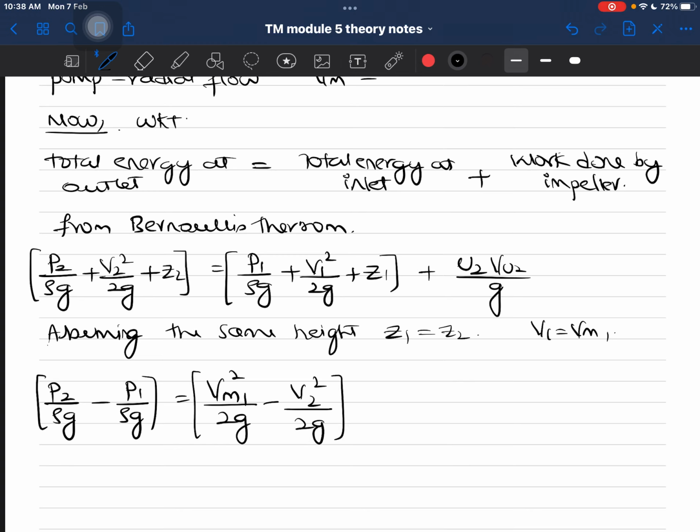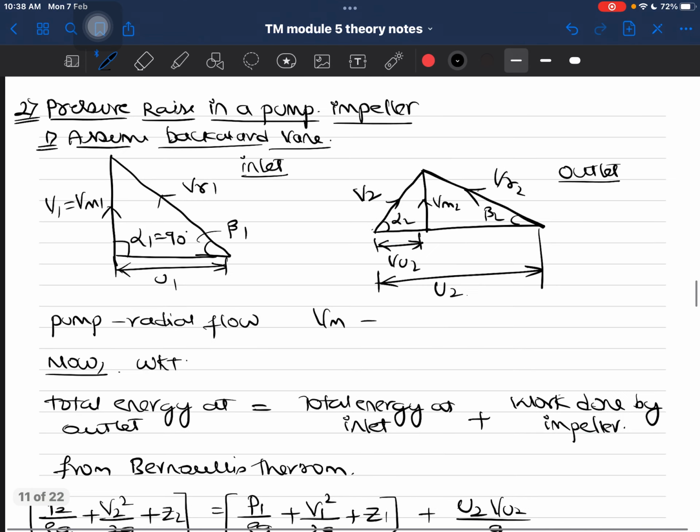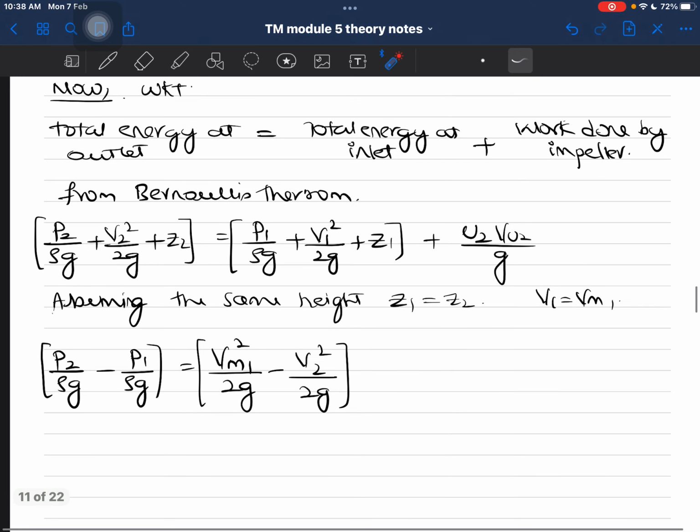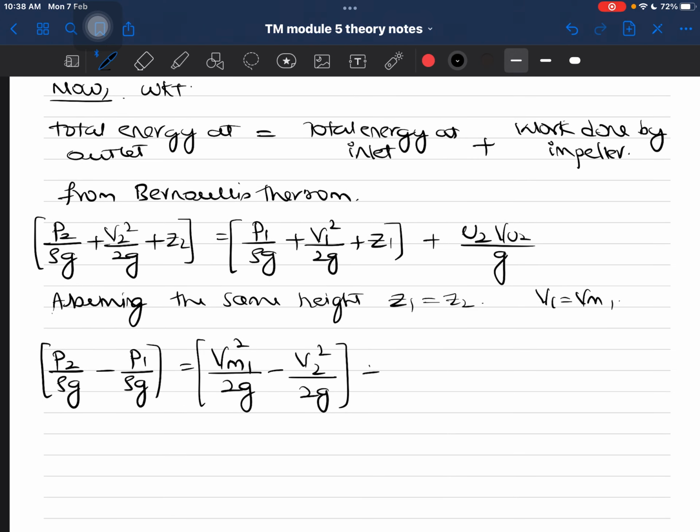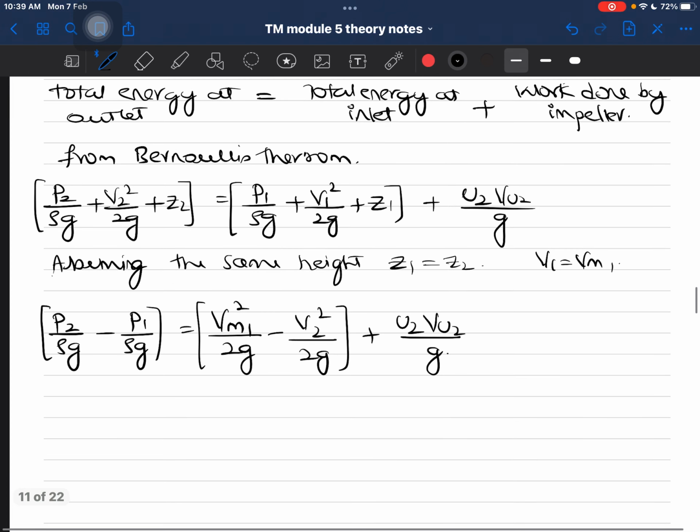V1 would be equal to Vm1 because it is radial inlet. You can observe here, V1 is equal to Vm. Plus, of course, you have U2 into Vu2 divided by g.